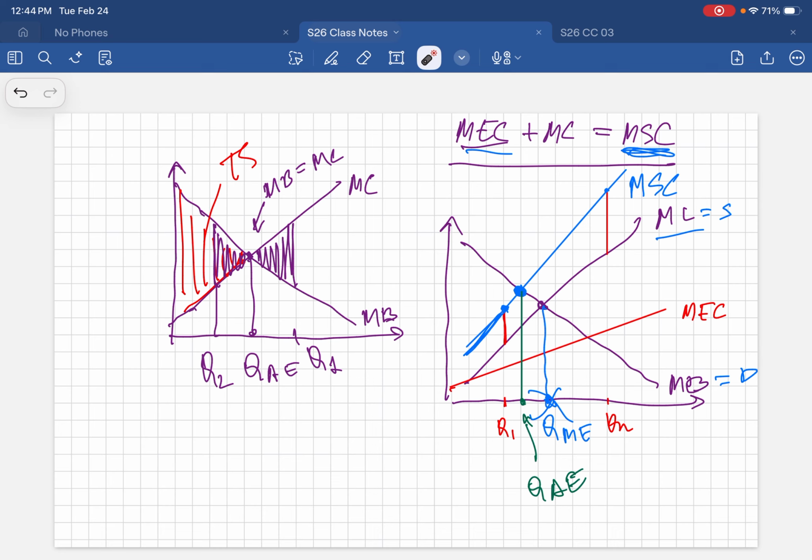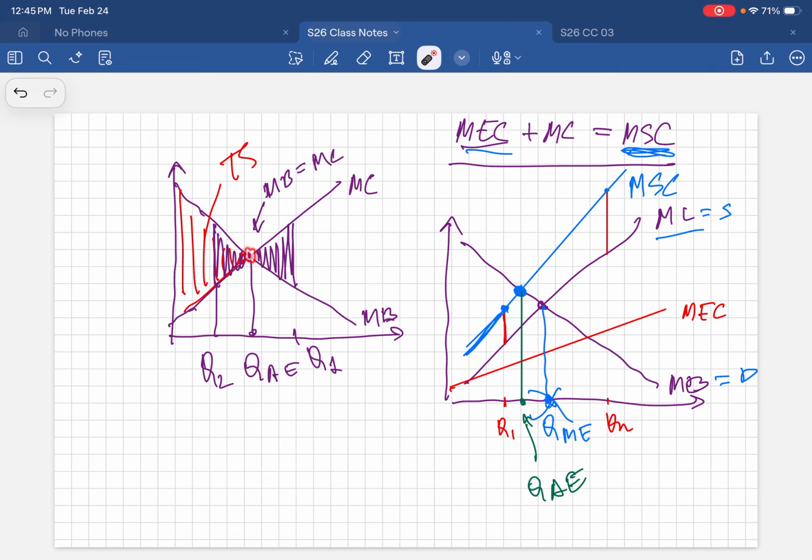Now let's see how we find deadweight loss. The logic is very similar to this story, except that instead of using MC and MB as we did here, we're going to use MSC and MB. The rest is very similar. This is the point of allocative efficiency, just right here. Deadweight loss depends on how far away we are from this point of allocative efficiency.